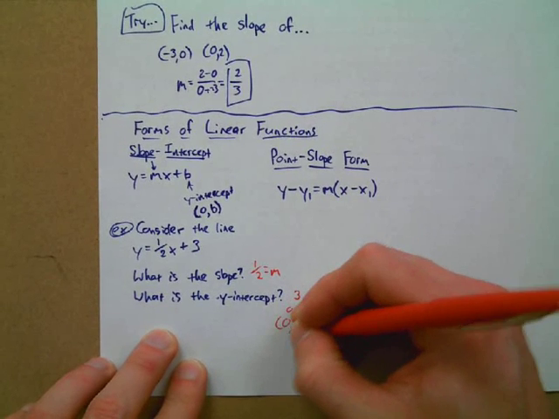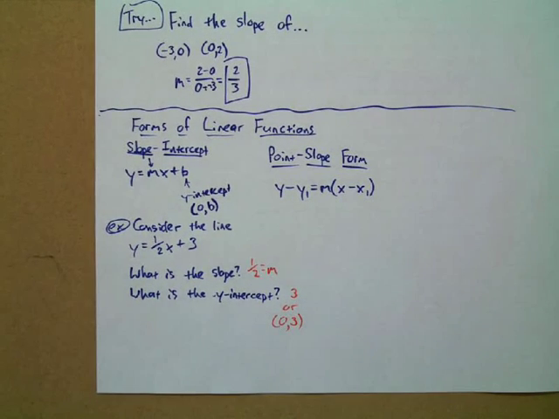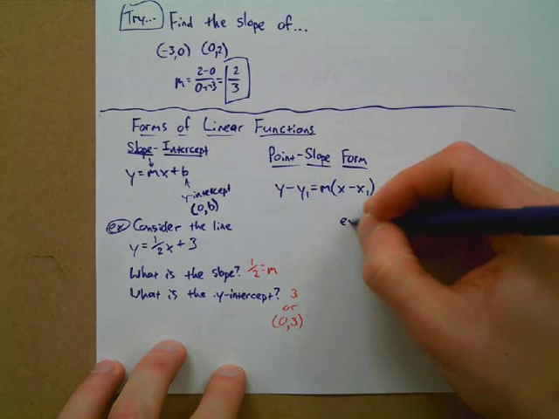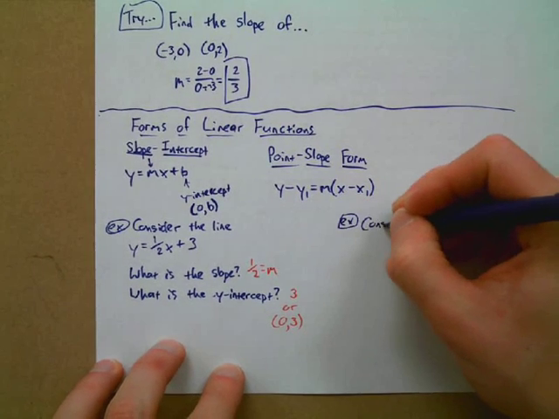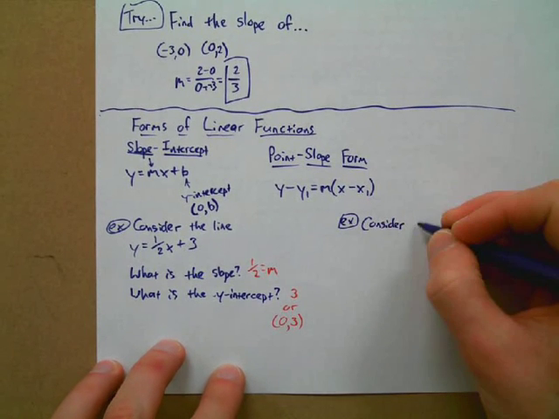Okay. All right. Let's look at another one. Consider the line 2x minus 6y equals 18.